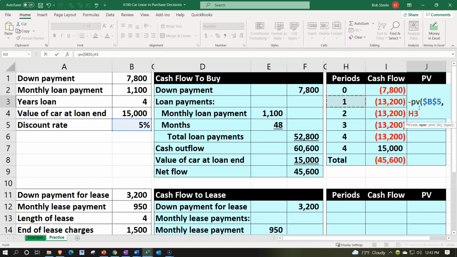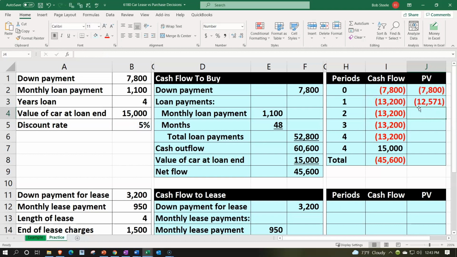So it copies down nicely if you add that next column. 2 commas, because there's not a payment. We pick up the future value of that 13,200 and enter. So now, of course, if we discount it back, we have an outflow of the 12,571. Putting our cursor on the fill handle, dragging that down, and it does it all the way down here.